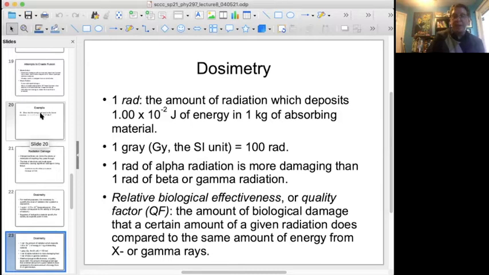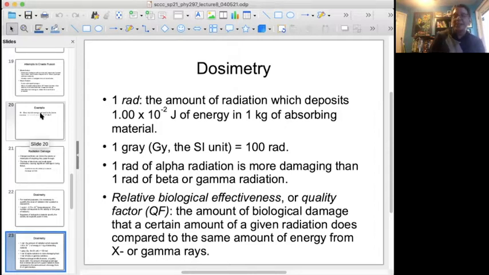1 rad of alpha radiation is more damaging than 1 rad of beta or gamma radiation. For the same energy, you think kinetic energy is equal to p squared over 2m. The momentum is then equal to the square root of 2m times the energy.